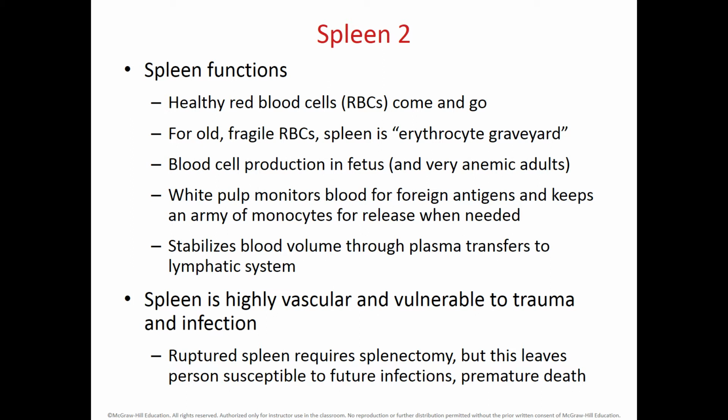Since the spleen has a lot of blood supply, it's highly vascular, and it can be vulnerable to trauma and infection. So if someone receives a hard hit on the left side of the body, like in a crash accident, or like boxers, if they receive these hits on this area, the spleen can rupture, and then the person will bleed very easily, and of course needs emergency surgery in which they remove the spleen.